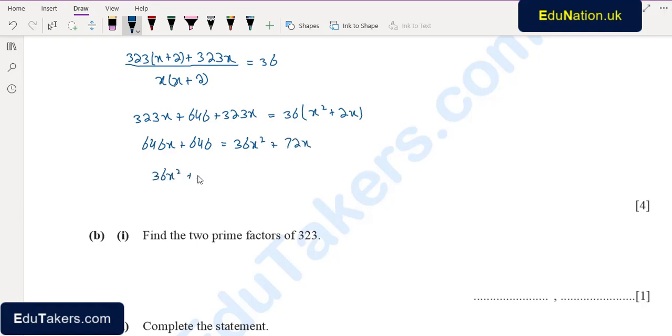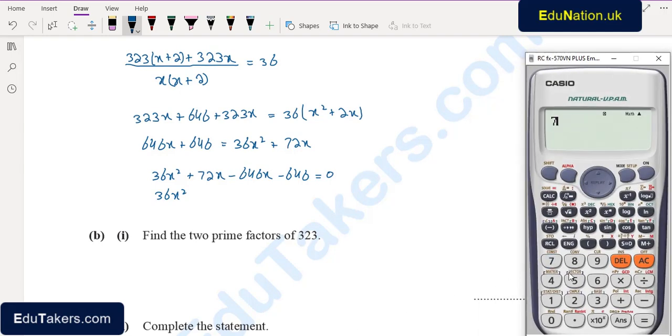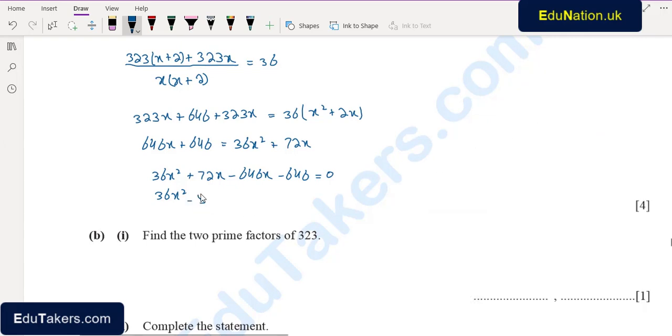36x squared plus 72x minus 646x minus 646 is equal to 0. Now 36x squared, and 72 minus 646 is minus 574x, minus 646 is equal to 0. We can divide this whole equation by 2.